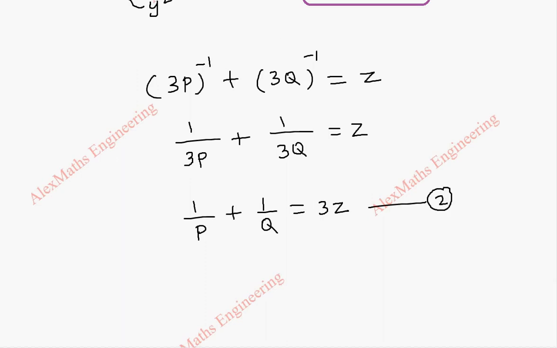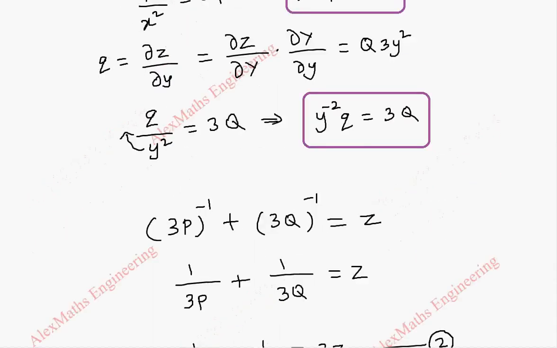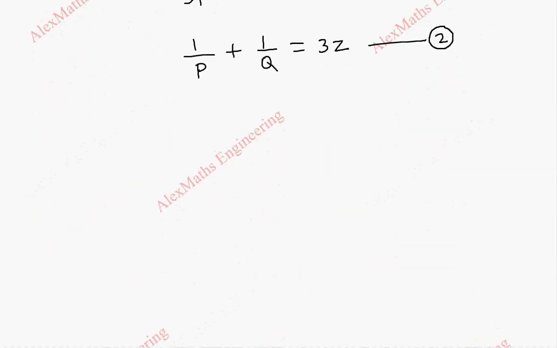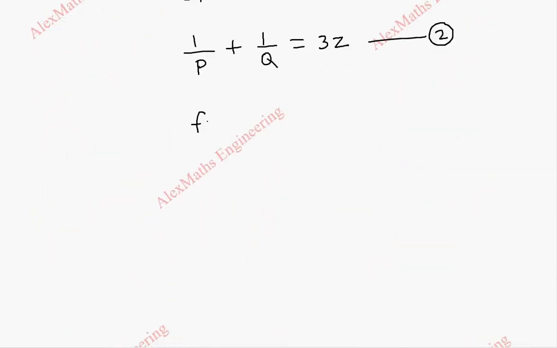So already we had the first equation from the given question, and after substitution we got this form, and this is of the form f of p comma q comma z equal to 0.